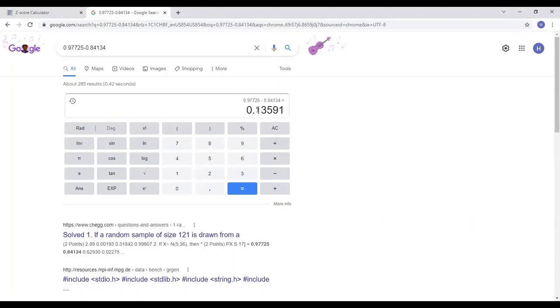I get a probability of 13.59%. So I have 13.59% of horseback rides that are lasting between 2.8 hours and 4.0 hours. Let's check the slides and see if we get 13.59%. So I'll stop here and go back to the slides.